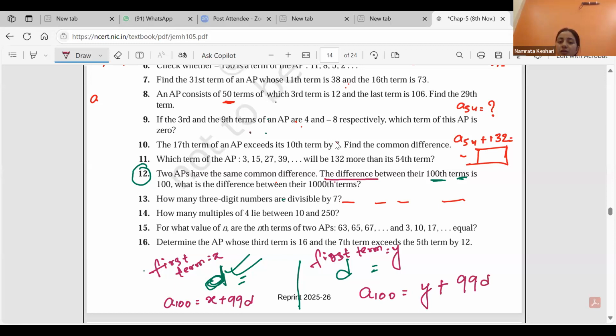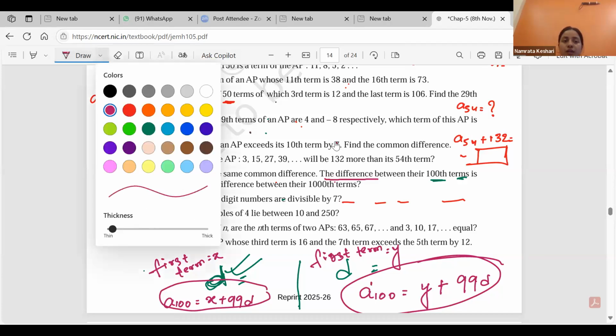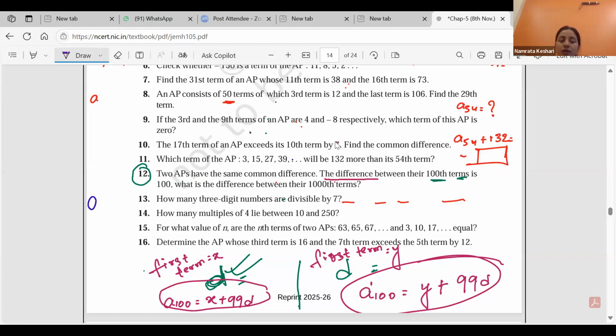The difference between this one and this one, you can take a dash over here because these two are completely different from each other. So we are doing the subtraction: the 100th term in the first AP minus a dash, the 100th term. So we put the RHS as x + 99d, and here minus, please use the bracket, y + 99d, like that.